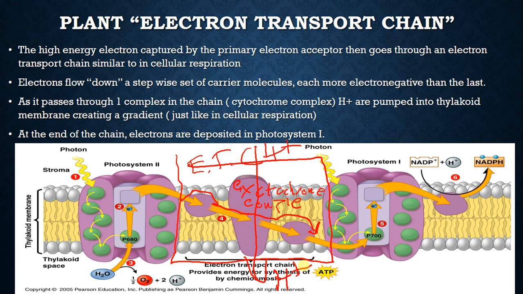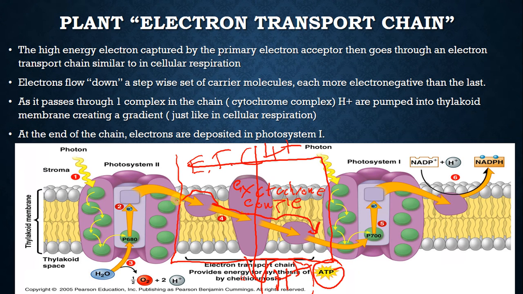That does the same thing as the protein complexes in cellular respiration. We're setting up an H plus concentration to form ATP by chemiosmosis. So in the membrane, it's not shown here, there's another ATPase molecule where these H pluses will flow back through and create ATP that will be used in the Calvin cycle.